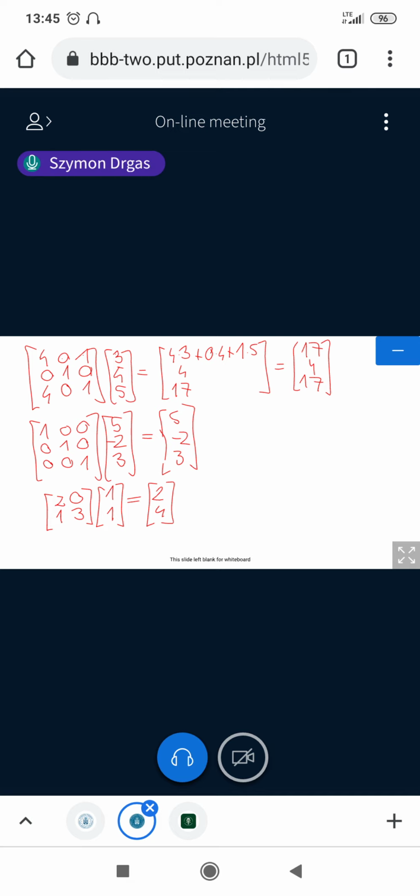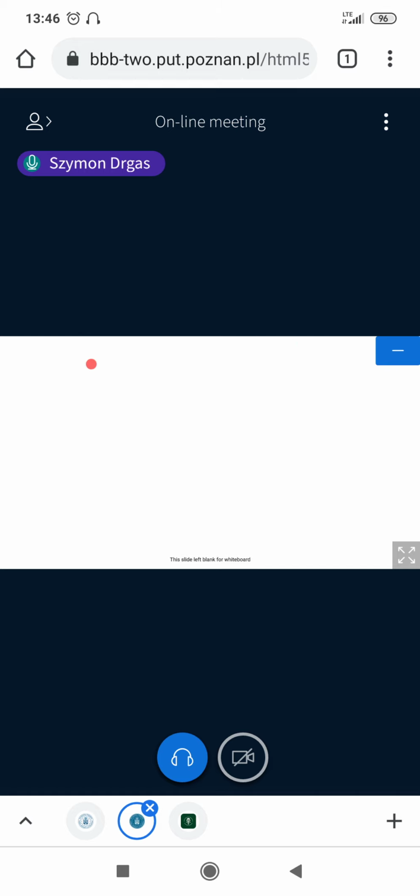And in the second task, we have to write products as linear combinations of columns of these multiplied matrices. So in the first example, we have matrix 4, 5, 6, 1, 1, 1, and we have to write it as a linear combination.